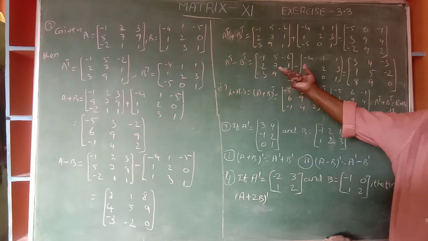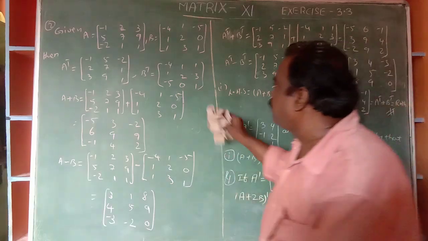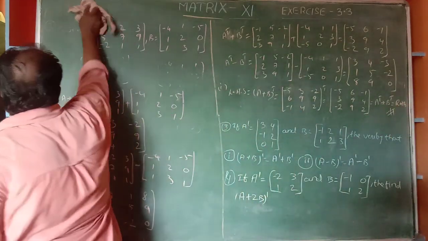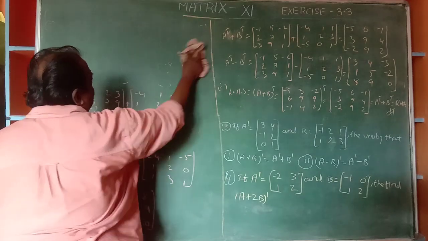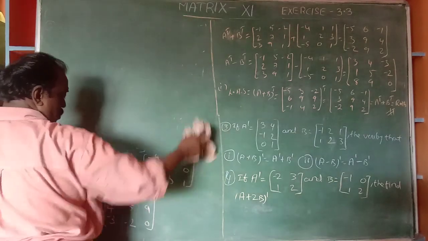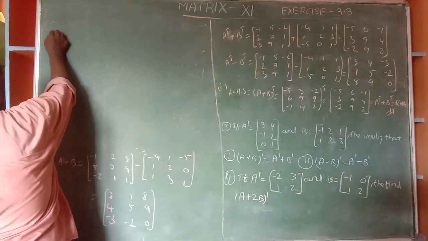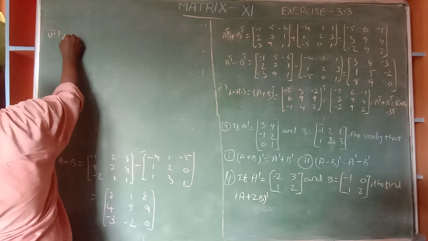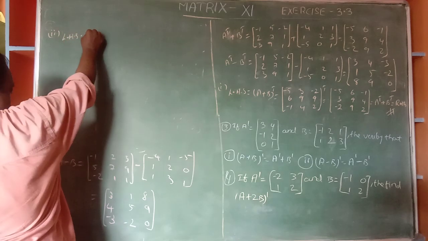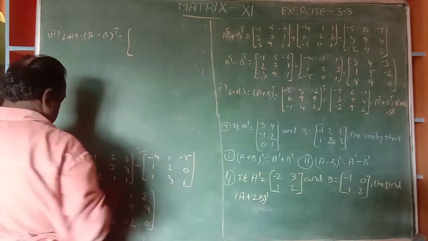Okay now, right. Similarly, you solve that one. A minus B is there. I will write here. You see there, for the second problem, LHS is A minus B whole transpose. What is A minus B?